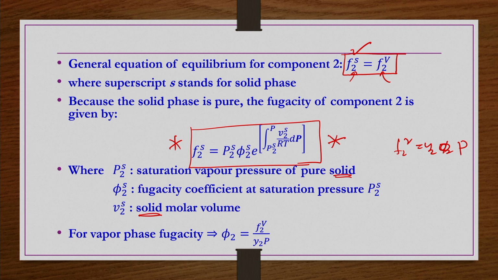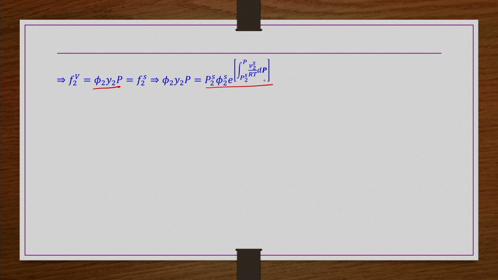And then f2V we already know is y2 phi2 P. So f2V is equal to phi2 y2 P is equal to f2S, and then f2S is nothing but this particular thing we have derived.